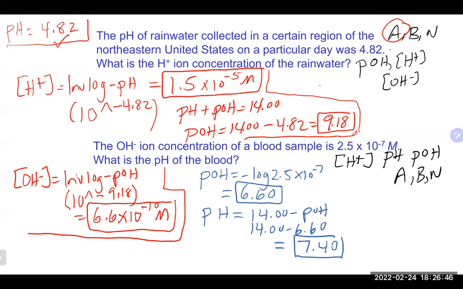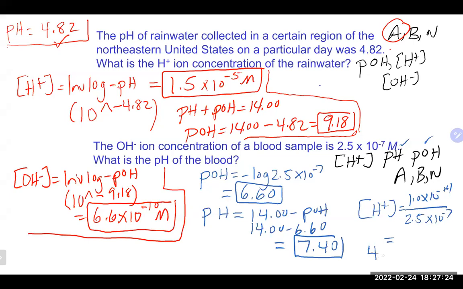We got pOH, we got pH. All that is left now is H plus. And again, if you wanted to, for old time's sake, you can use KW. So H plus is equal to 1 times 10 to the minus 14 divided by our 2.5 times 10 to the minus 7. So 1 to the minus 14 divided by 2.5 to the minus 7 gives me a 4 as it cuts off on my calculator.